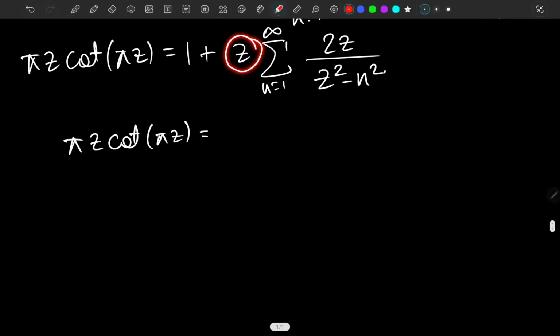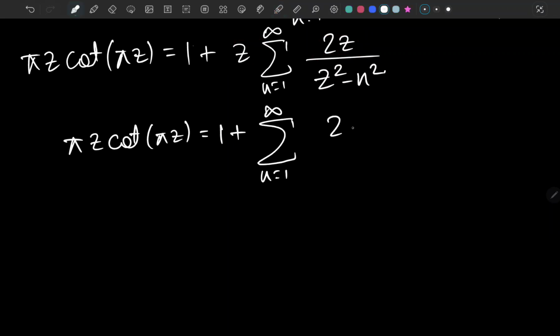So we can just multiply this z to this one, so that's going to give us 1 plus this sum as n goes from 1 to infinity, and it's 2z squared over z squared minus n squared. Although let's write this down as n squared minus z squared, and to neutralize that we have to multiply a negative in front, and this plus minus is going to be negative.